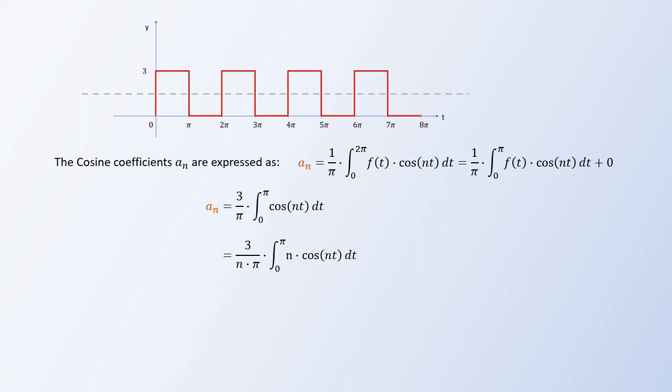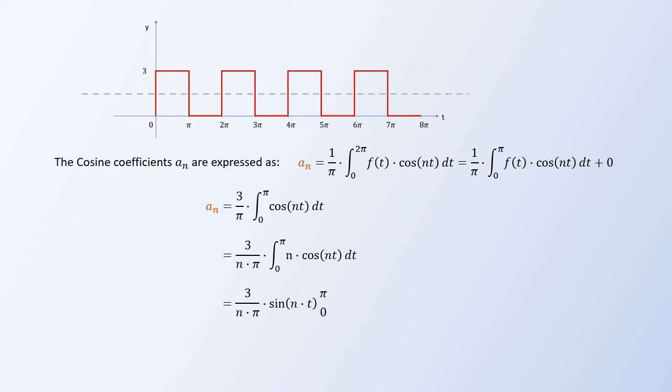And now we'll use that antiderivative trick that we saw earlier. We're going to multiply the inside by n and then divide the outside by n so as to keep an equality. And so the integral from 0 to pi of n cosine nt is simply going to be the sine of nt.